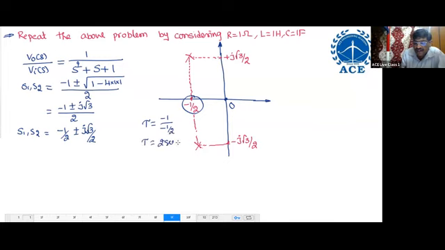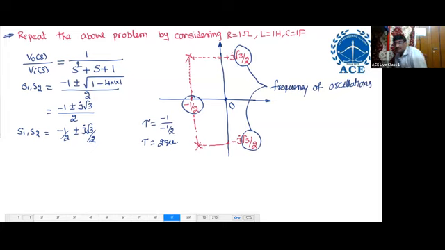The imaginary part gives the frequency of oscillations. So that is omega d, equal to root 3 by 2 radians per second.